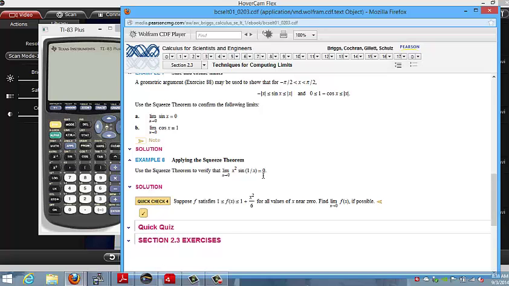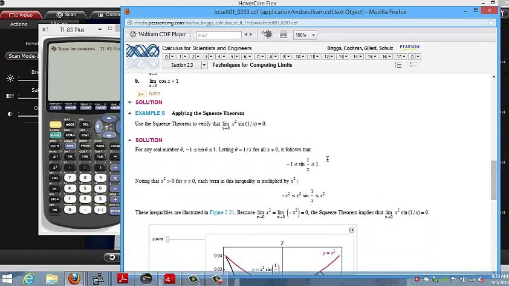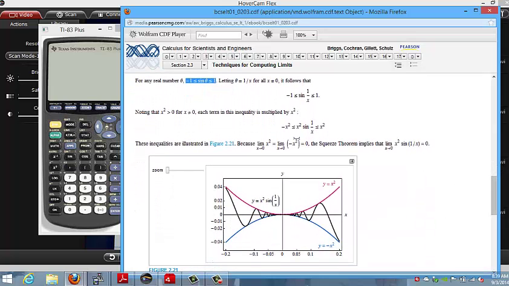Well, here's why. Let's go through it a little bit. They have a solution here. For any real number, sine is going to be between -1 and 1. We know that, right? So when I look at the function x squared times sine of 1 over x, if you multiply through the inequality by x squared, you get this inequality.